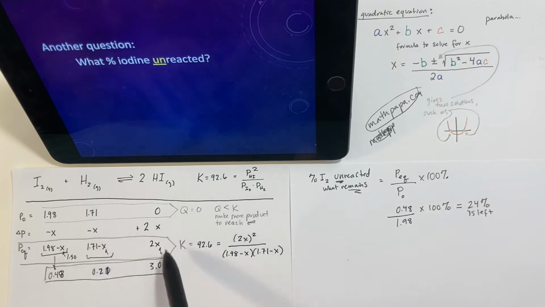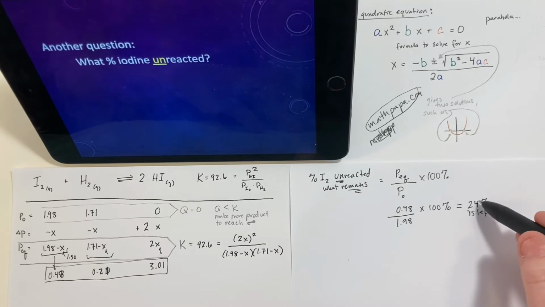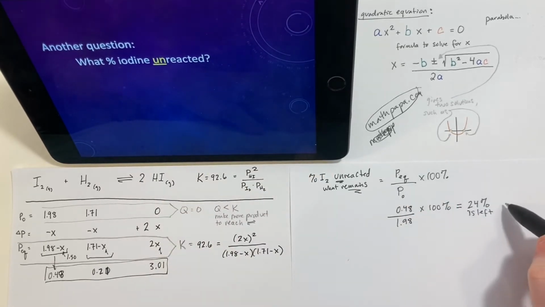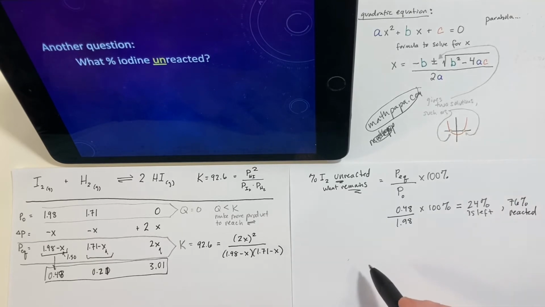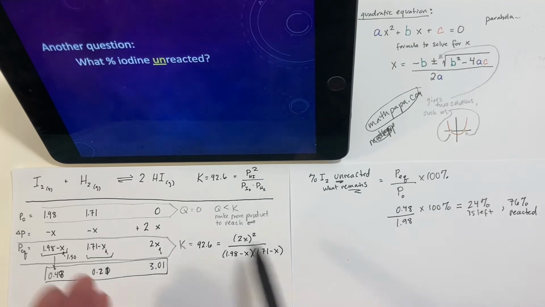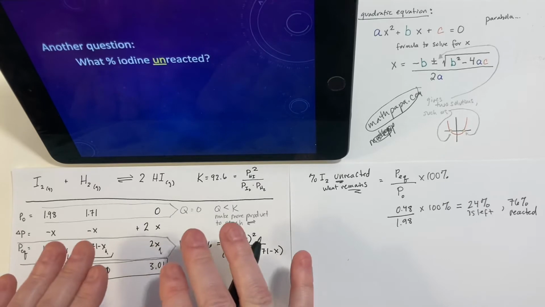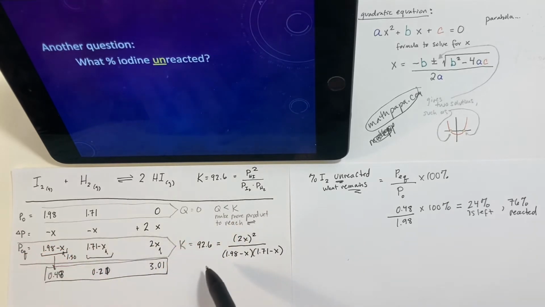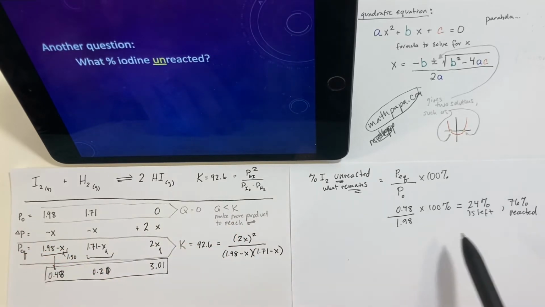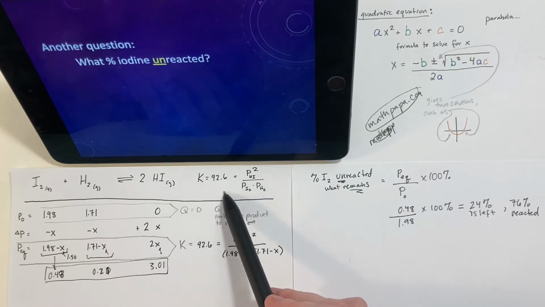So quite a lot of it actually reacted. 24% is unreacted, and so that means 76% reacted. So more of it disappeared and became product. They still go back and forth, but the composition of the mixture shows us we have majority product. And that's what a K value larger than 1 tells us as well.